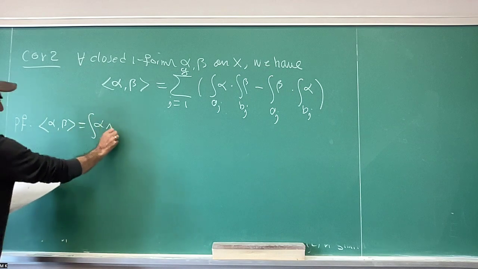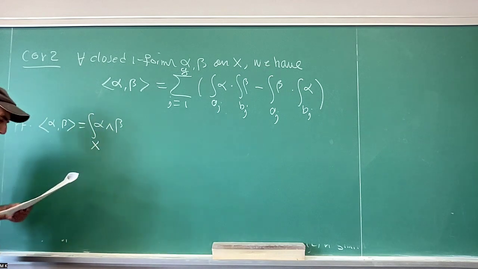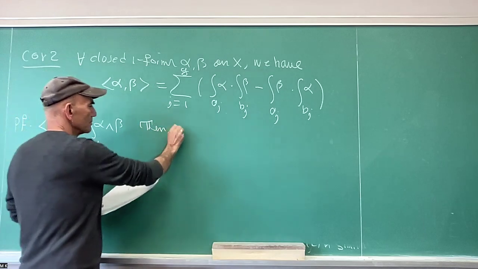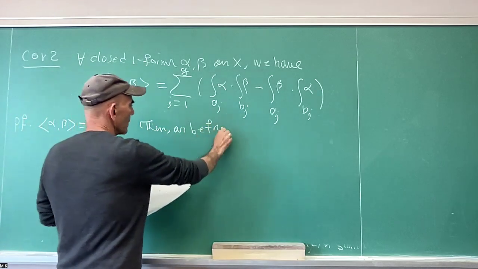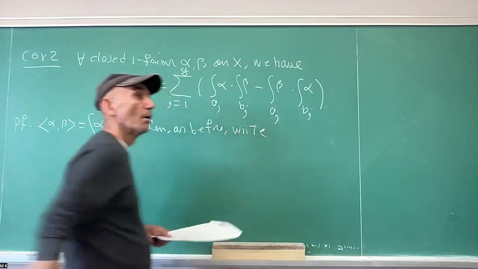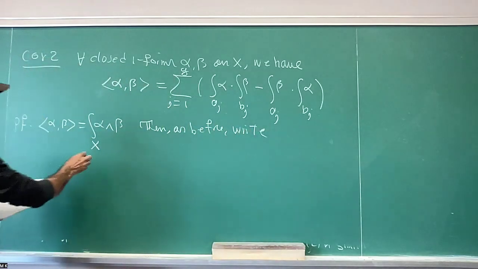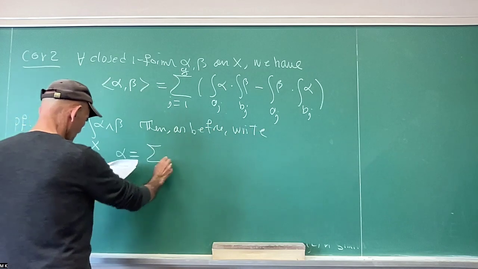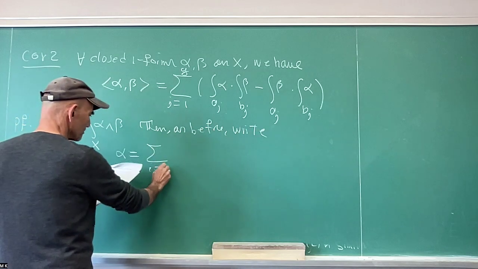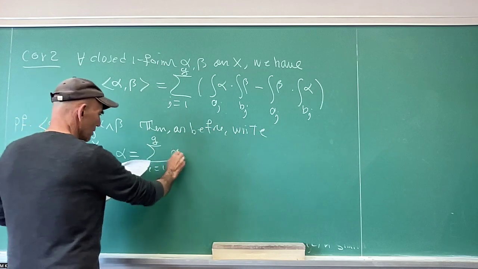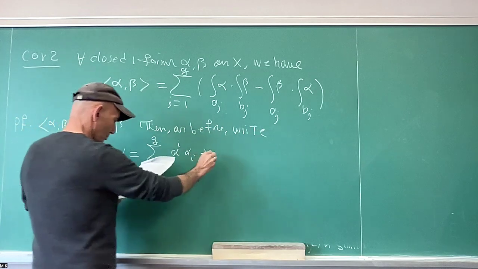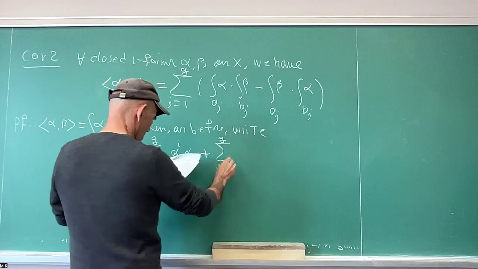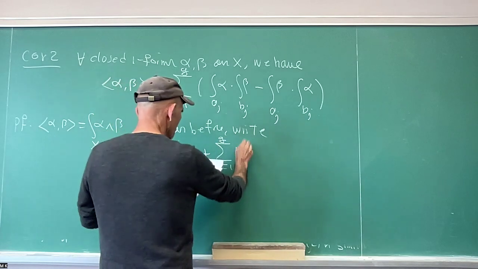This is the integral of alpha wedge star beta over X. Then we write, as before, we expand alpha in this symplectic basis that we found: the sum, i from 1 to g, of xi alpha i, plus the sum, j from 1 to g, of yj beta j.